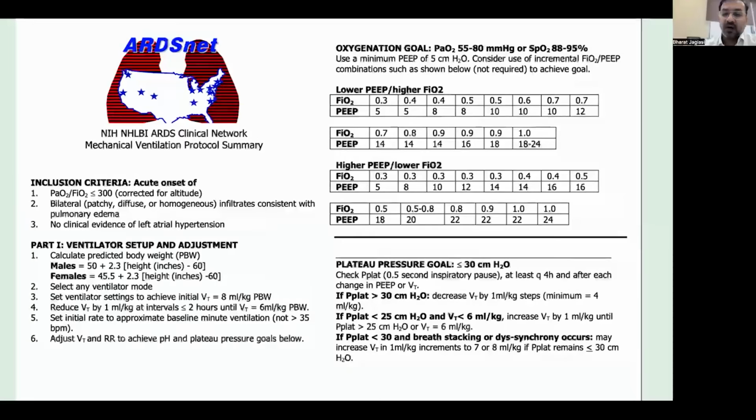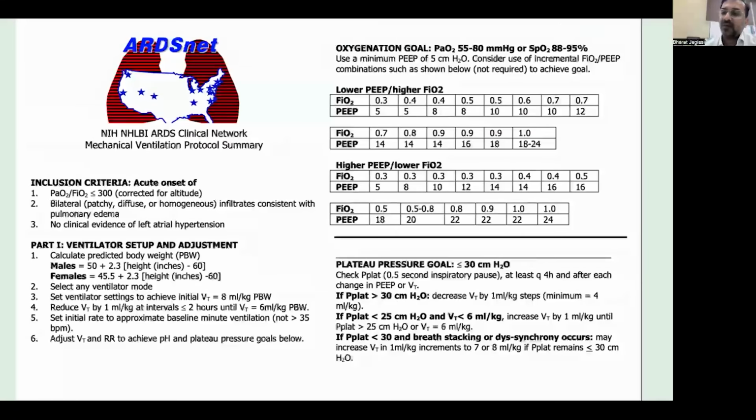Once we reach 6 ml per kg, if the plateau pressure is more than 30 centimeters of water, then decrease tidal volume further by 1 ml per kilogram in steps till we reach 4 ml per kilogram. Otherwise, if we are at 6 ml per kilogram and our plateau pressure is less than 25, then increase tidal volume by 1 ml per kilogram till we reach 8 ml per kilogram.